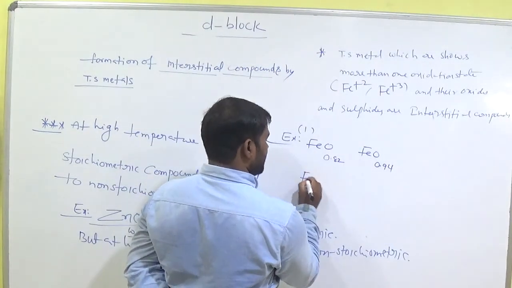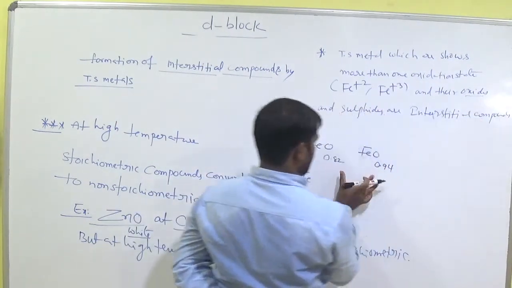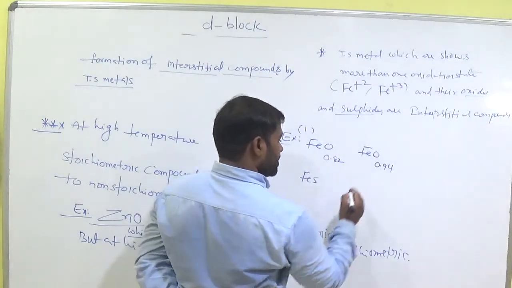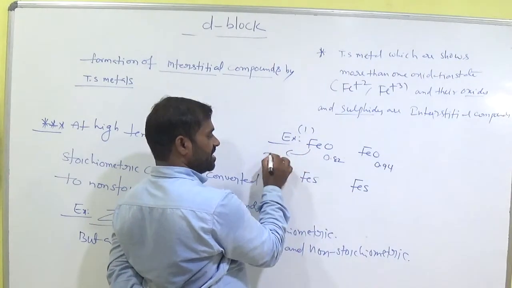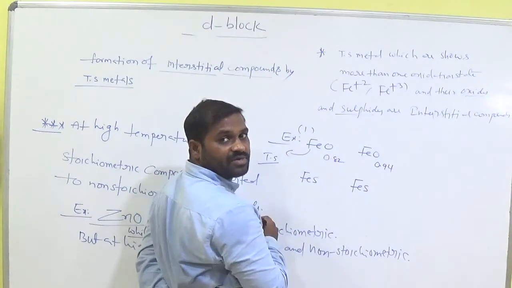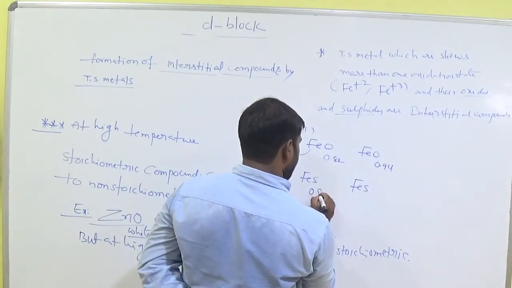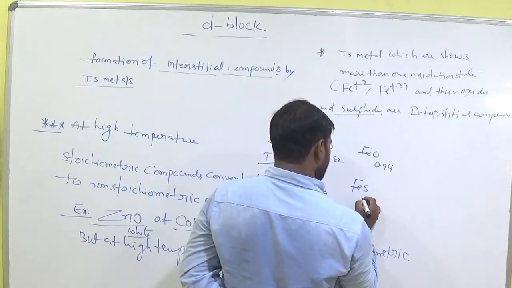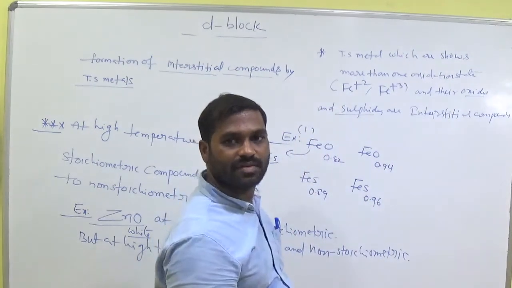And one more example, this is iron oxide, okay, they are oxides, and sulfides means, for example, this sulfide of a transition metal. Iron is a transition metal, okay. Now this is an interstitial compound, am I right? So this sulfur consists 0.89% in the interstitial void, and here it is 0.96, okay.